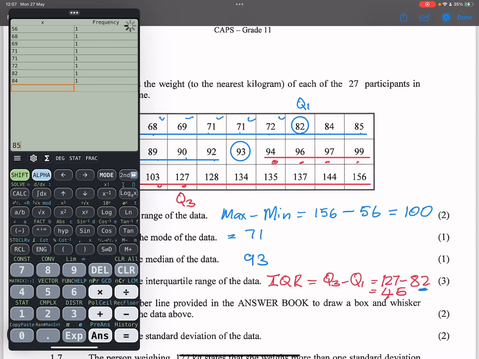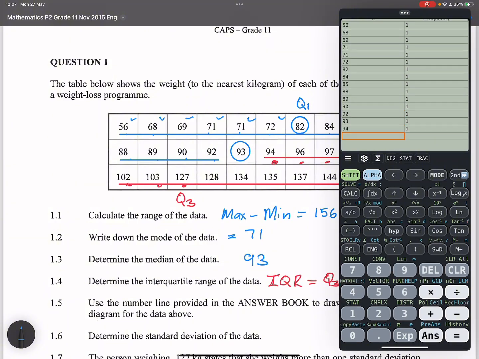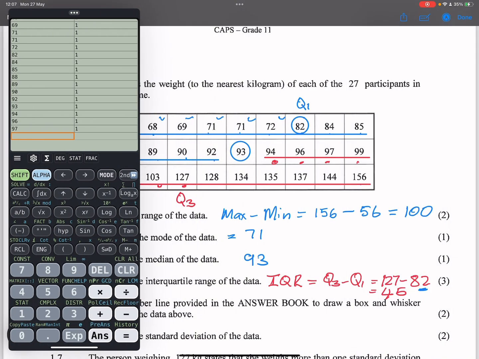Okay, so we've got 88, 89, 90, 92, 93, 94. And if you don't want to watch me putting in all of this data, you can just fast forward to the part where I get the answer. So we've got 97 and 99.